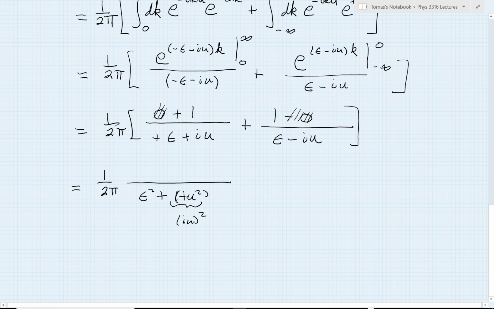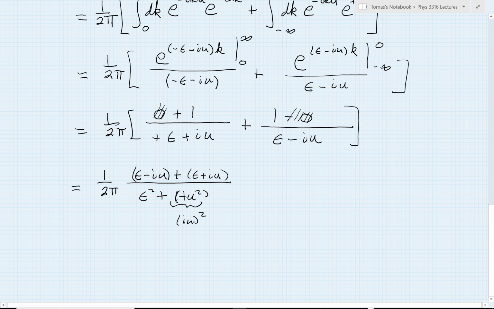On top, then, you know how this goes, right? I'll have this factor divided by the product to produce that 1. So then I'll have epsilon minus iu for my first fraction. And my second fraction then has this numerator on top of the two factors. So that would be epsilon plus iu.